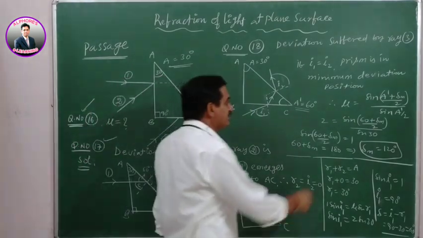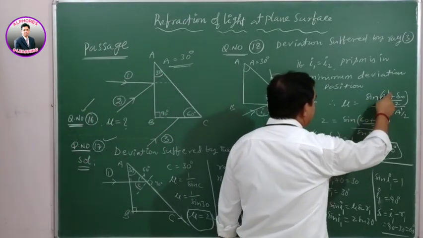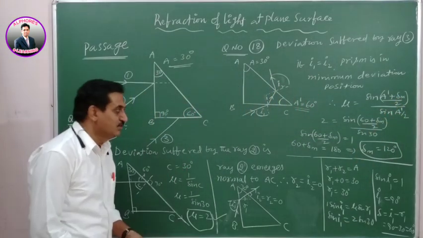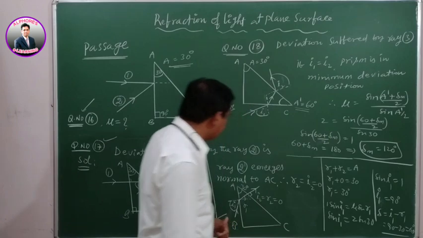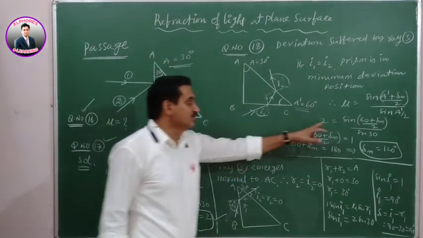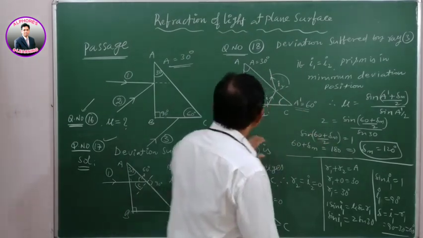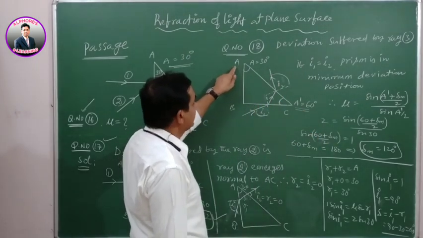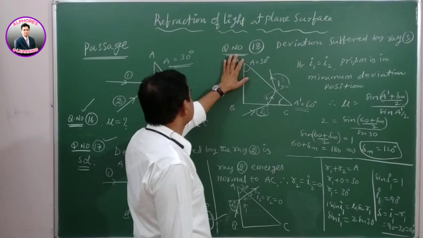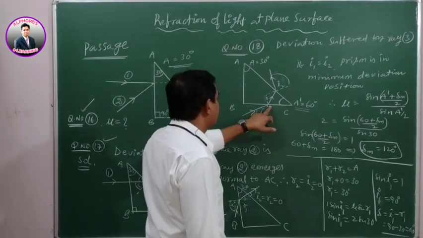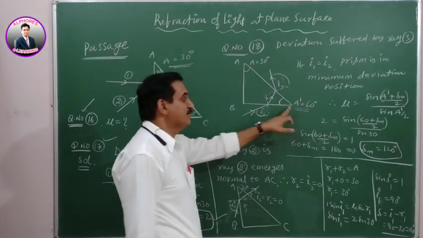Therefore, directly we can use mu equals sin of (A dash plus delta minimum) by 2, divided by sin A dash by 2. Here mu, already calculated in the first question as root 2, is substituted. Sin 60, this is the angle of prism here. Don't think this angle of prism is used again over here. This is different for these two rays. For this particular ray, this is the angle of prism.